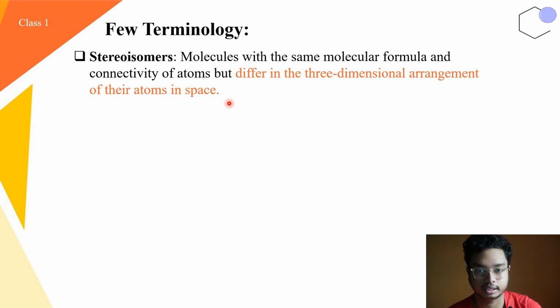Imagine the case of limonene or thalidomide: sometimes the big group is near the observer, or sometimes it is away from the observer. So the difference in three-dimensional arrangement makes them stereoisomers.